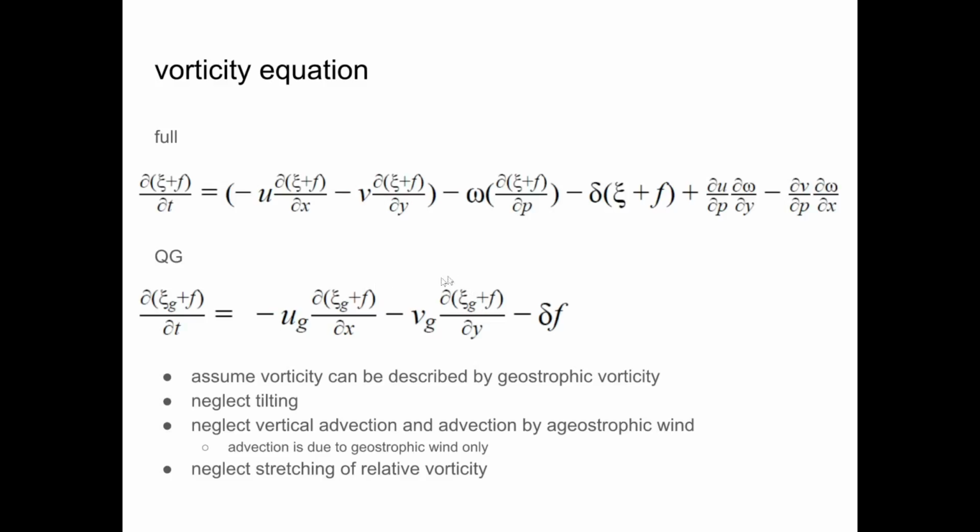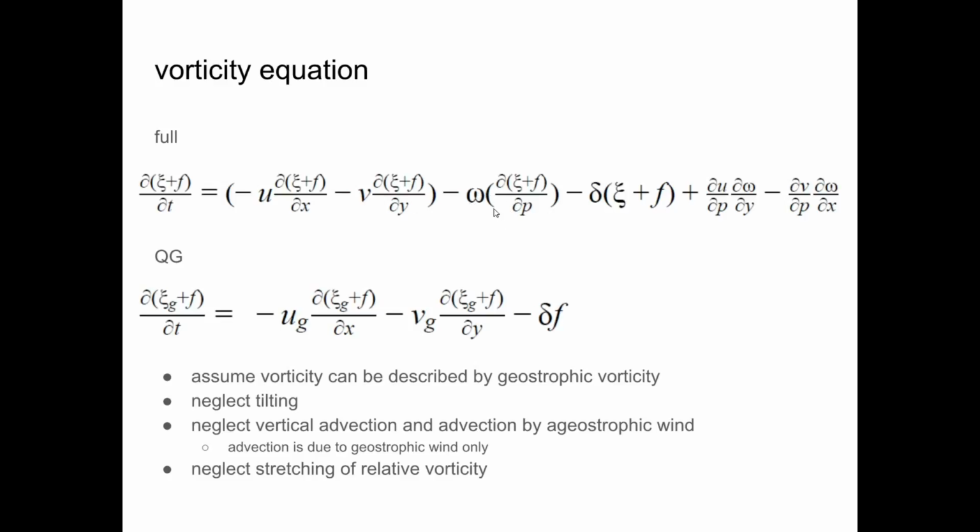And that has been replaced in the advection terms as well. Notice that the advection is by the geostrophic wind also. So the horizontal advection is the horizontal advection of the geostrophic vorticity by the geostrophic wind. That's a simplification of the horizontal advection in the full vorticity equation.